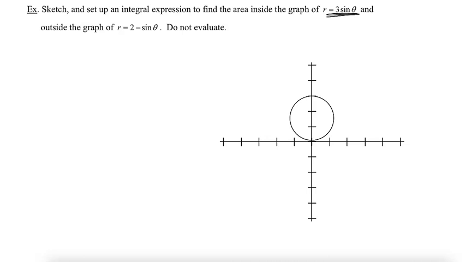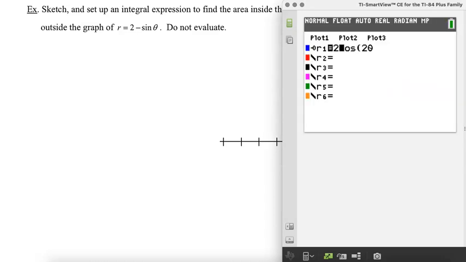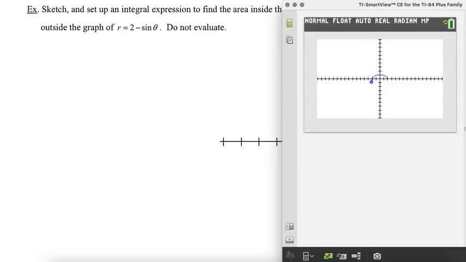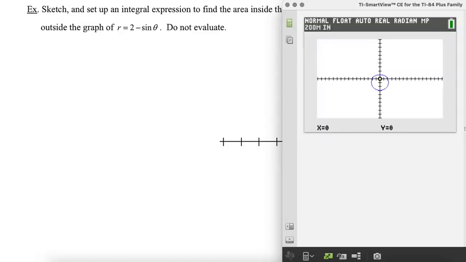And then 2 minus sine theta, I don't expect you to know that, but we can graph 2 minus sine theta. I'm going to zoom in. It's kind of an elongated, weird looking circle type thing.